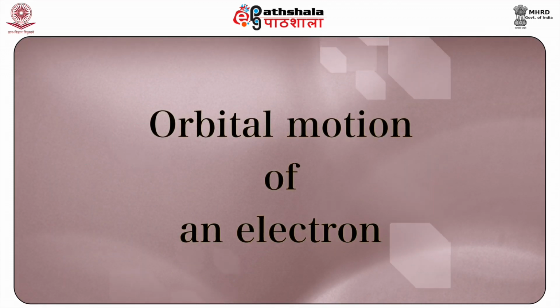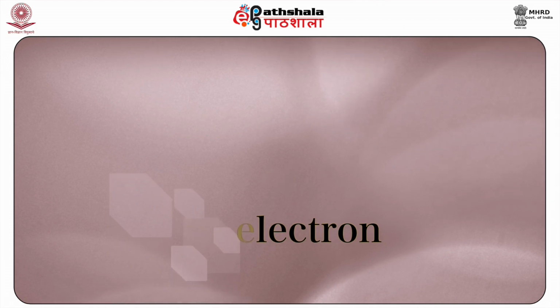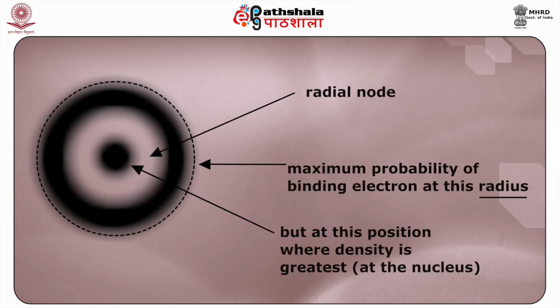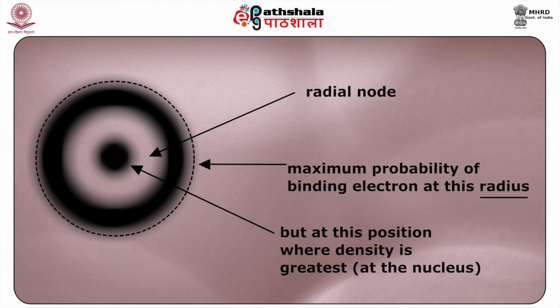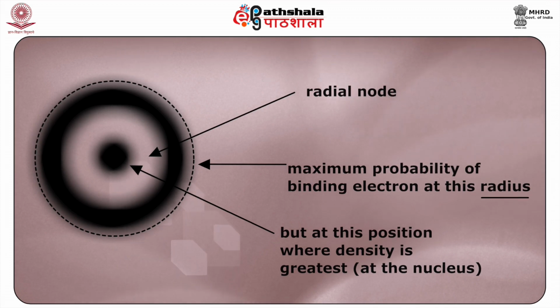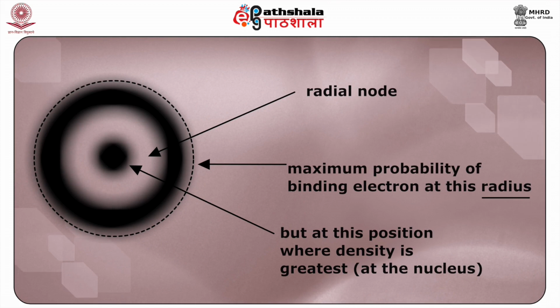Orbital motion of an electron. First of all, we will define what is an orbital. An orbital can be suggested as a space around the nucleus where an electron can move around.